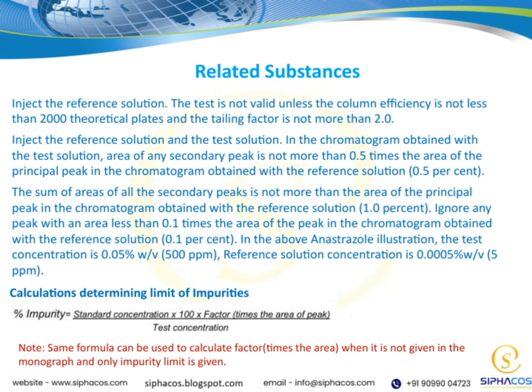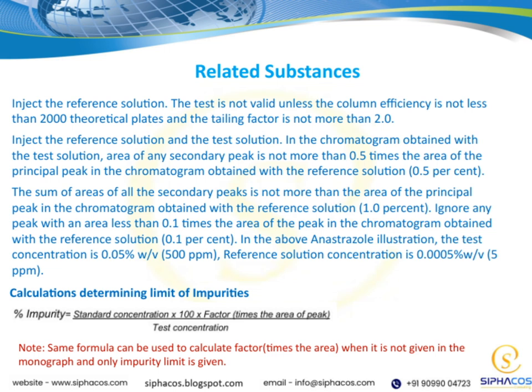That's the 0.5% limit. Additionally, the total area of all secondary peaks combined shouldn't surpass the area of the principal peak in the reference chromatogram, which corresponds to a 1% impurity level. It's also important to ignore any peaks that are less than 0.1 times the area of the reference peak. Those are considered negligible or below the detection limit for practical purposes.